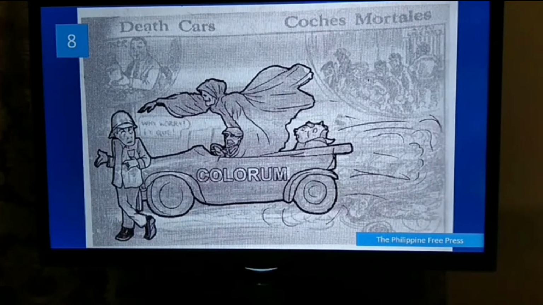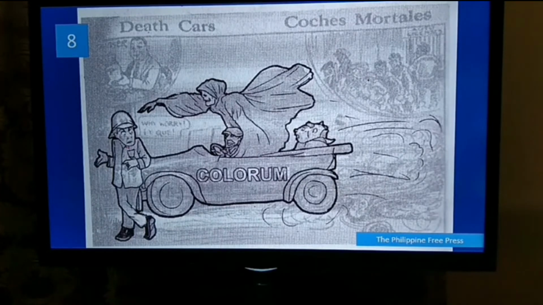And that practice has been going on way back, okay, in the American colonial period. When cars were invented and introduced in the Philippines, of course the Filipinos adopted it. They love what Americans introduce here. And some Filipinos are very enterprising. They use it for business, but they were colorum vehicles.